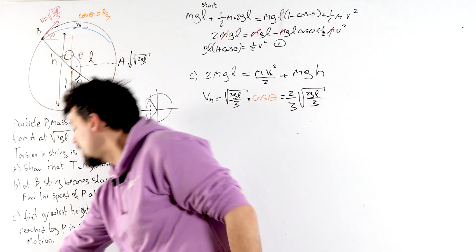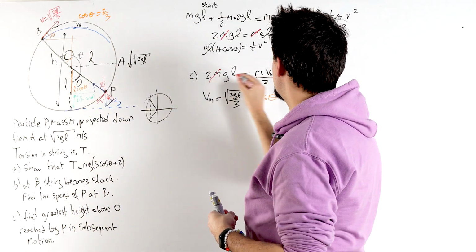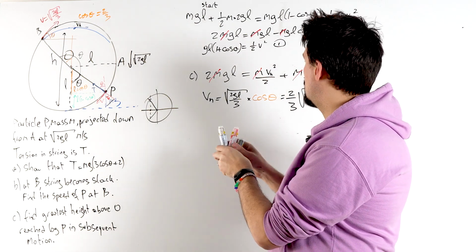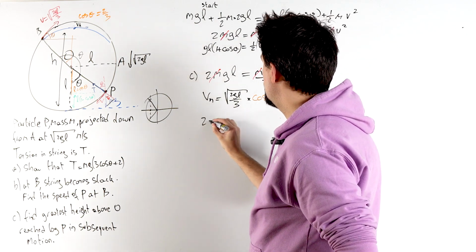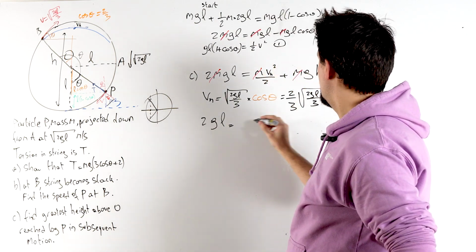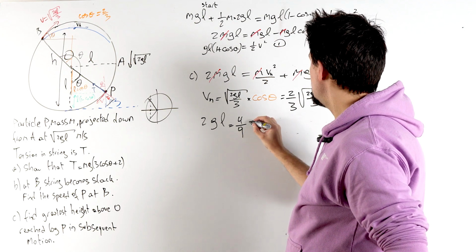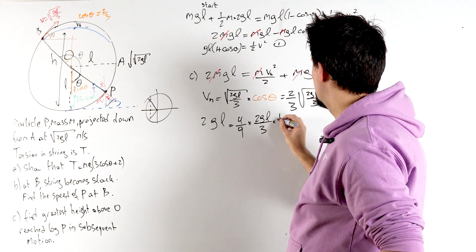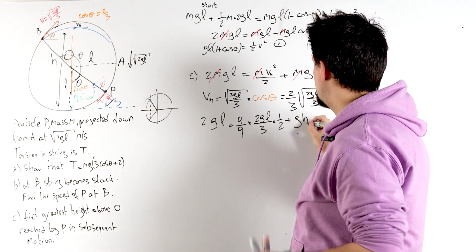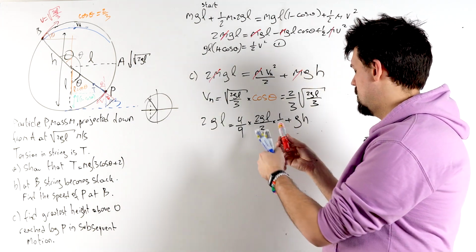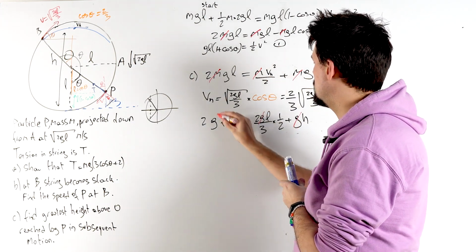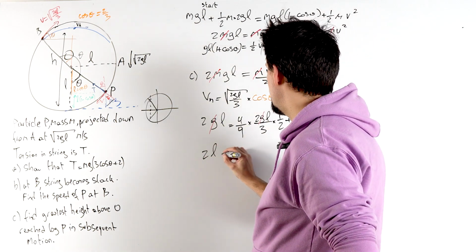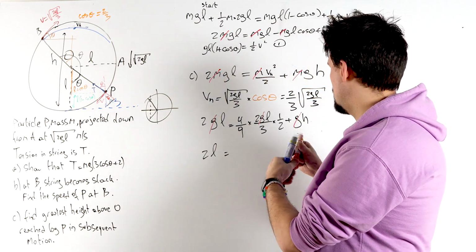First of all, the m's are going to cancel out. That'll be nice. So what do I end up with? 2GL is 4 over 9 times 2GL over 3 times 1/2 plus GH. Well, okay then, the G's cancel out as well, so that's another nice thing. What am I left with? 2L is equal to, anything else cancel out?